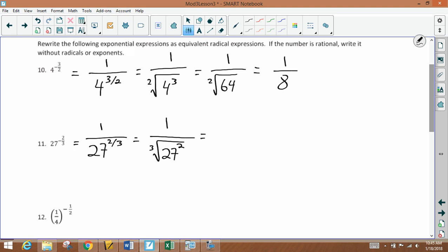And that becomes, what is 27 squared? 729. Does 729 have a cube root? So that becomes 1 over 9.